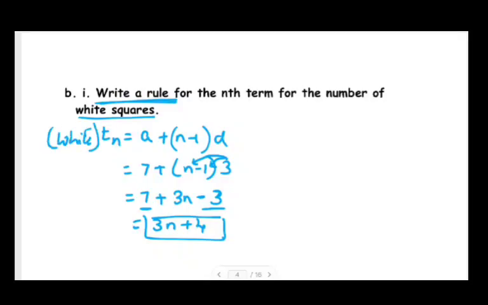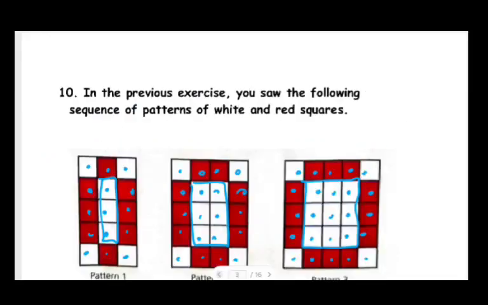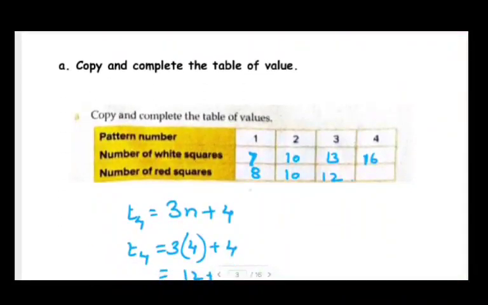We haven't yet worked out our rule for the red tiles. So here we work this out: a plus (n minus 1)d. For red tiles, a is 8.